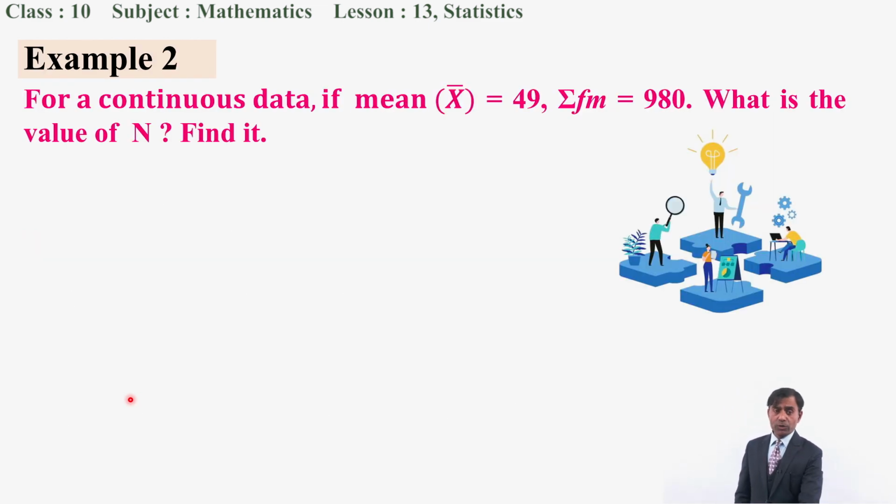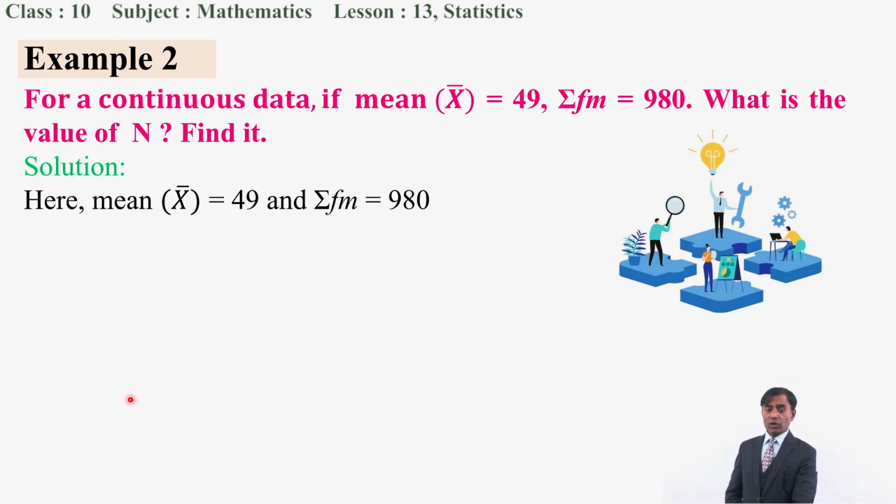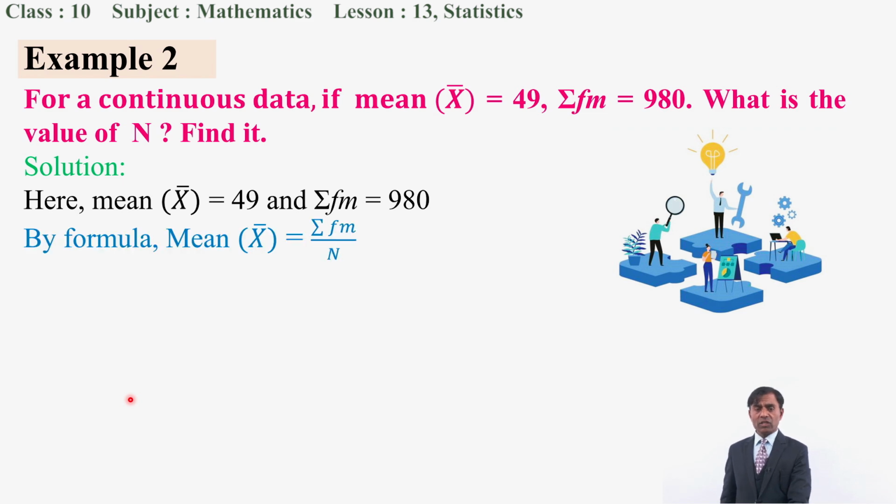Okay, next one, example 2. For continuous data, the mean is given here, summation FM is given, what is the value of N? Find it. All the information is given, one piece is missing, so let's apply the formula and find it. Look here, mean x bar is 49, summation FM is 980. By the formula, mean x bar is equal to summation FM divided by N. So x bar is 49, and summation FM is 980 divided by N, replacing them by their respective values.